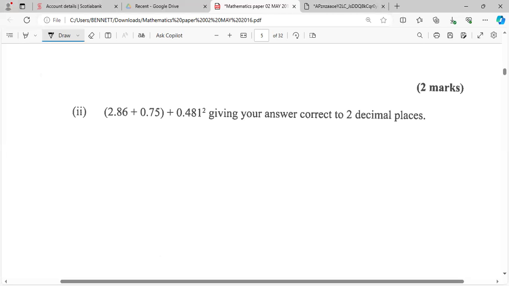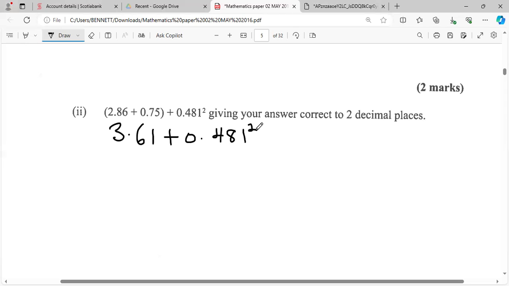So it's 2.86 plus 0.75. That's 3.61. And of course, we're going to add 0.481 squared.